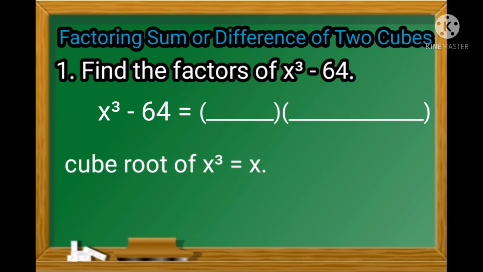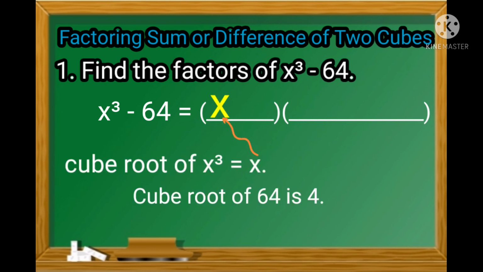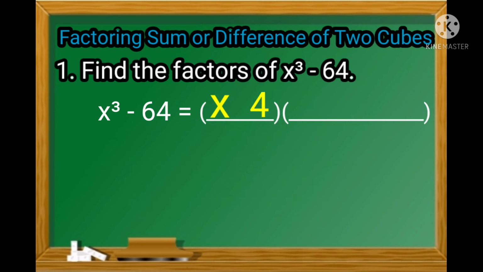The cube root of x cubed is x, and the cube root of 64 is 4. Then, copy the given sign. In this example, x cubed minus 64, we will copy the minus sign. And that is how to get our binomial factor.